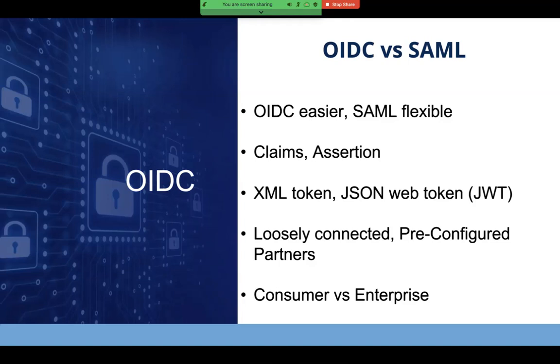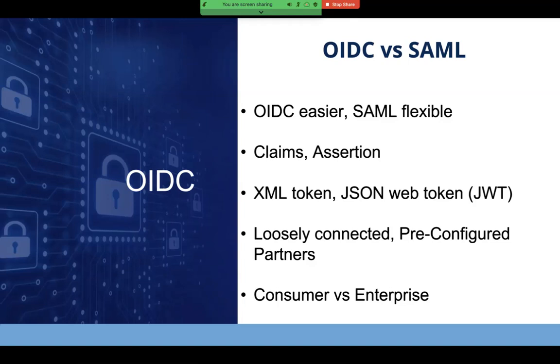Now, what do you get for OIDC being easier versus SAML, right? SAML is infinitely flexible because OIDC has a set of scopes that are predefined that have certain things that can be requested. Well, in a SAML world, anything can be returned in response to an authentication request in the assertion.